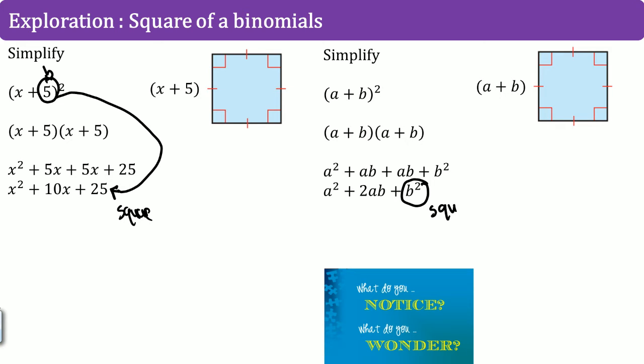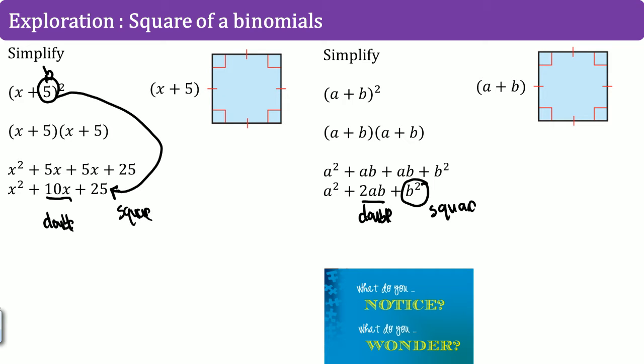Then here, the second term, you just double. The doubling comes from the adding of those two. So 5 plus 5, that gets you 2 of 5. So that's what happens here. You double. That's what you were supposed to notice.